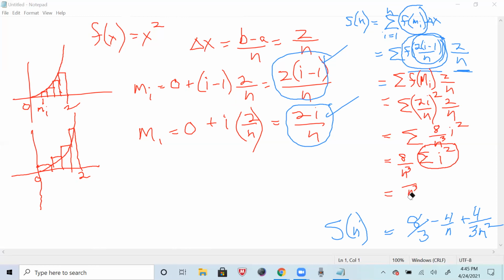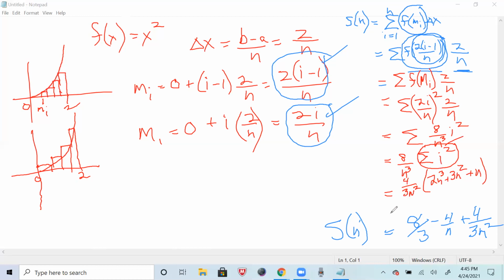It becomes 4 over 3n squared times 2n cubed plus 3n squared plus n. Sigma is gone. In other words, the definition of that in summation notation is n times n plus 1 times 2n plus 1 all over 6.